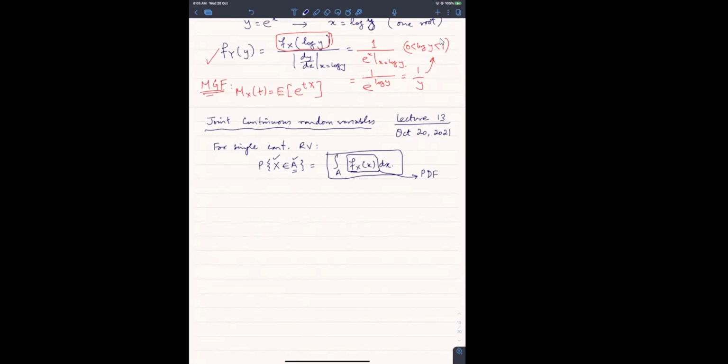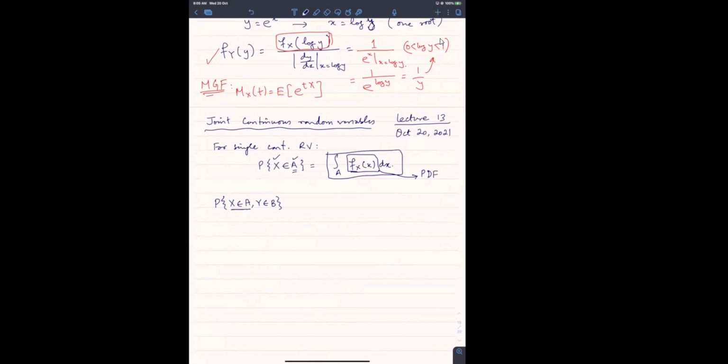You can be asked a probability question: what is the probability that x belongs to an interval A and y belongs to an interval B? An example of x belonging to interval A is x between 5 and 9.